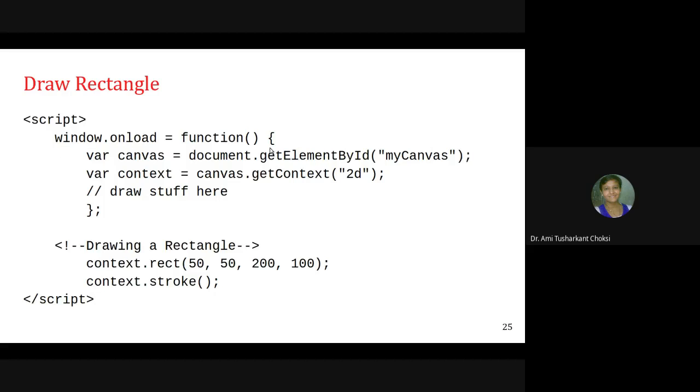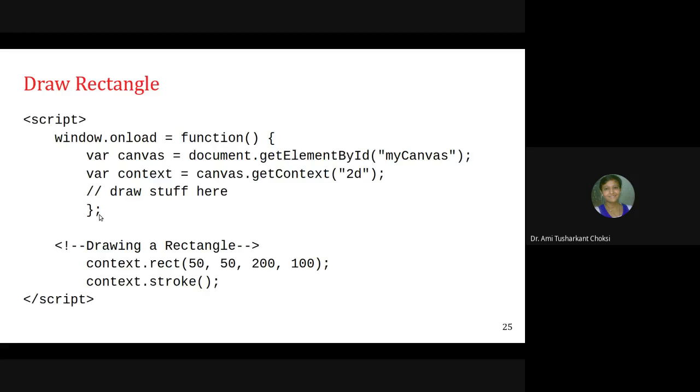So, window.onload is equal to function, that remains the same. Variable canvas is equal to document.getElementById, myCanvas. This is the ID which we provide in the canvas in the body tag, isn't it? So variable context is equal to canvas.getContext, and that is of 2D.